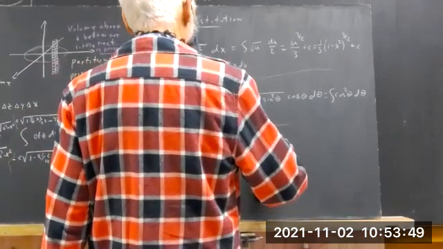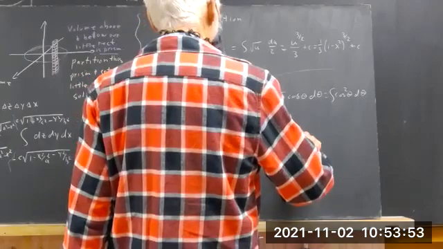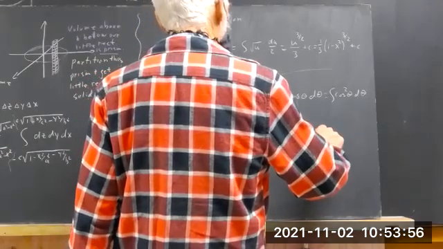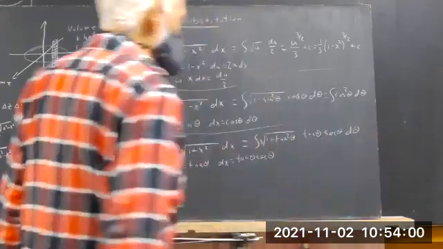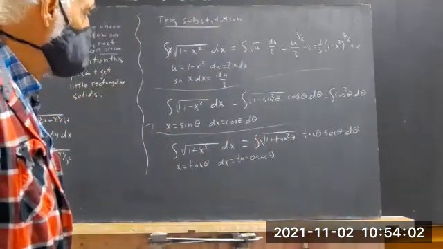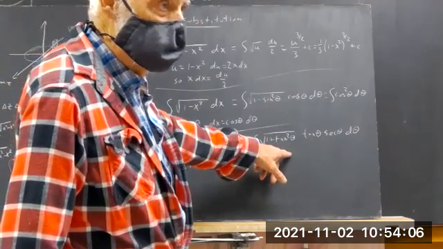The point then is you have the square root of 1 plus tangent squared theta and the tangent theta, secant theta, d theta. Of course, 1 plus tangent squared is secant squared.